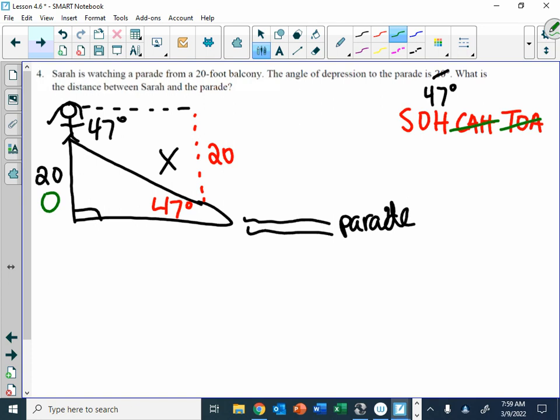So sine of my angle over 1 equals opposite over hypotenuse. You go ahead and find x. It doesn't say, so round to the nearest tenth of a foot. And don't forget about your units.